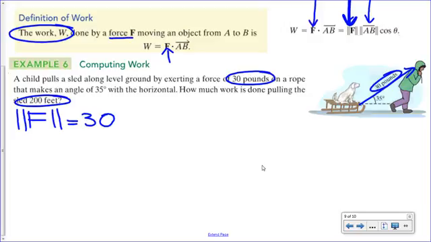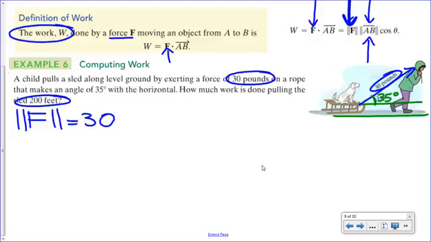And so that angle of 35 degrees, this is the horizontal, parallel to the ground, and it makes a 35-degree angle here. You can see it here. Okay? And so that is going to be the angle between the two quantities that we're going to multiply, between the two vectors. So how much work is done by pulling the sled 200 feet? So now that 200 feet is going to take place of this one here.